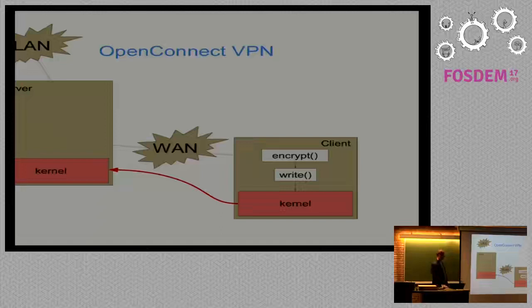On the server side, the kernel receives the record, and once the record is ready, there's an OpenConnect server that listens on some particular port and has a socket. Once there's a TLS or DTLS record, it reads it from the kernel and decrypts it. Basically, it does the reverse operation of the client.